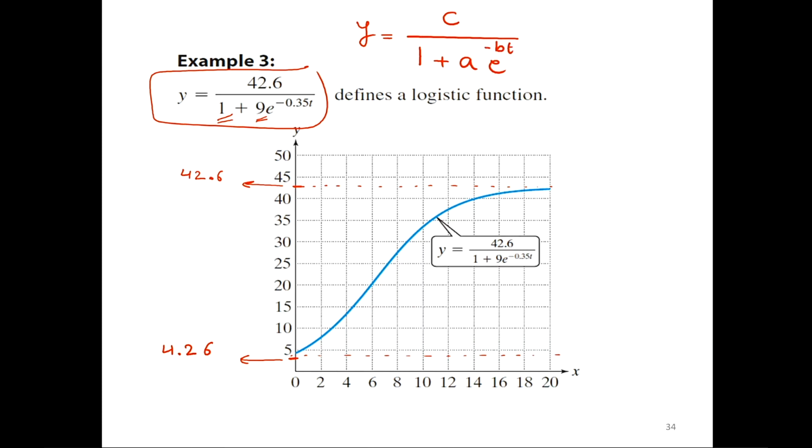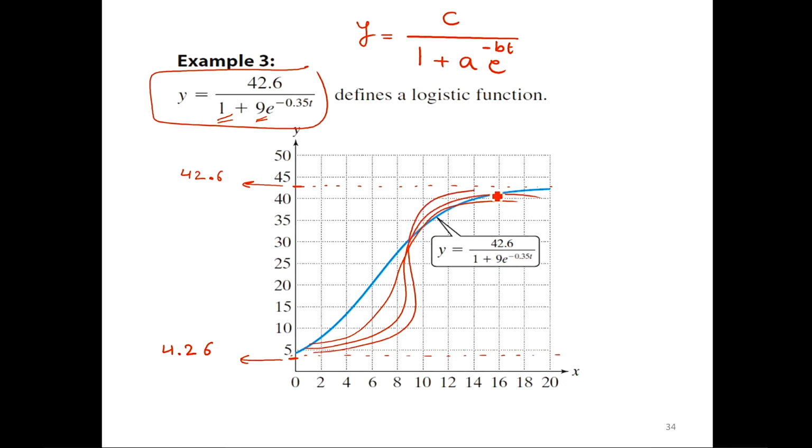This is called the logistic growth function. So the function is between two values, the maximum c and the minimum c over 1 plus a. And the b controls the curve. When we increase the b, we have a curve like this.